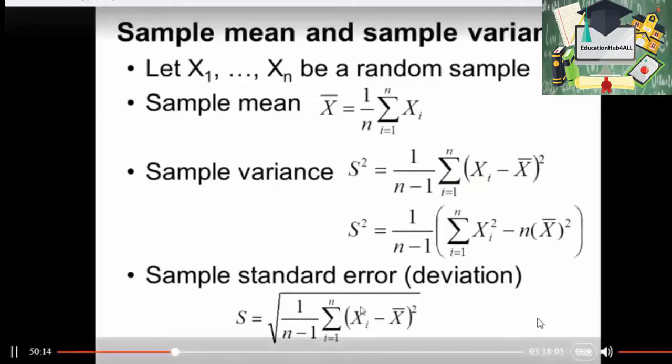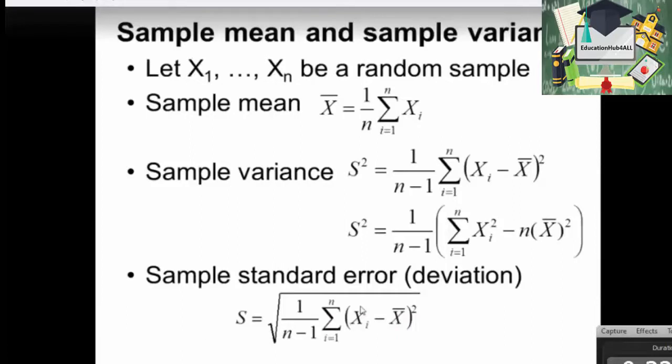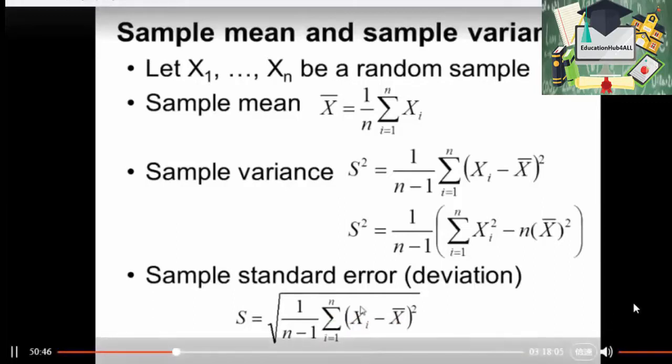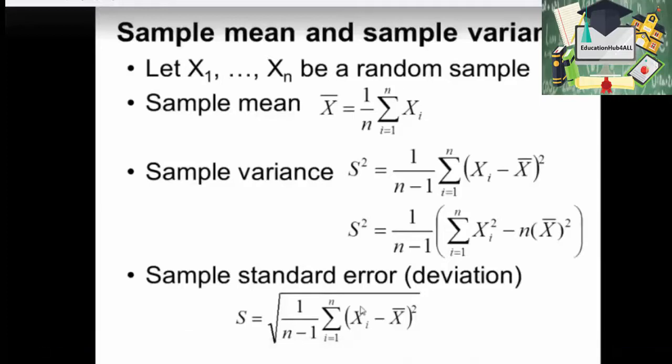So we can talk about the distribution of the sample mean, and also the distribution of the sample variance. If we don't know the distribution, it's very hard to say how good it is when we use the sample mean to estimate the population mean, or the sample variance to estimate the population variance. So that's why today we also talk about the distribution of these estimators.